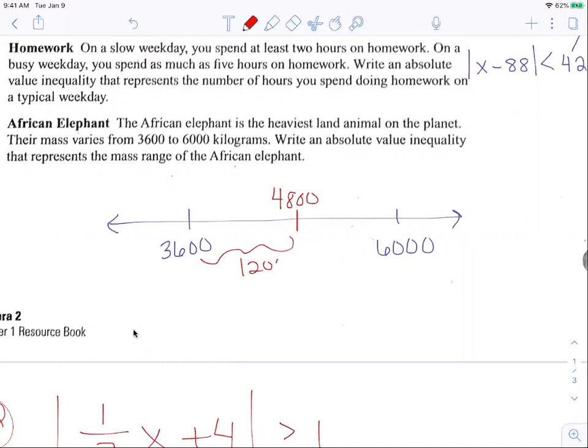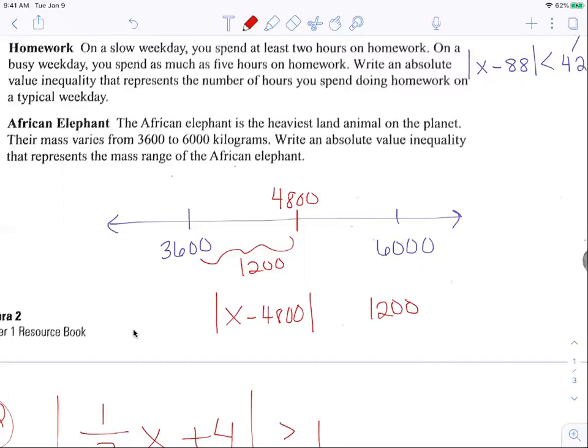Excellent. And then I put that into the inequality form. I didn't get the symbol yet, but I got x minus 4,800, and then where the symbol would go, and then 1,200. Okay, that's fine. Perfect. Nice job. So the middle number, think about that. If it's in the middle of the absolute value symbols, then it should be in the middle of our two boundaries.